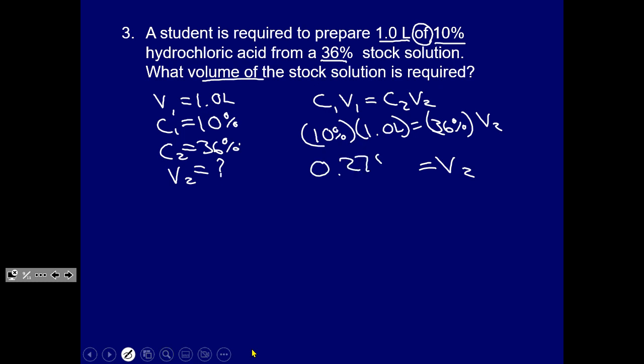0.278 liters. 2 significant digits. I like it. 0.3. I think we would say that that's 2 significant digits. I would write that as 0.28 liters. That's what I would do.